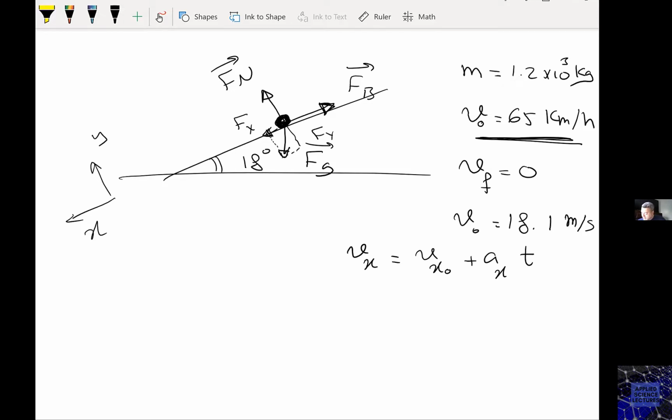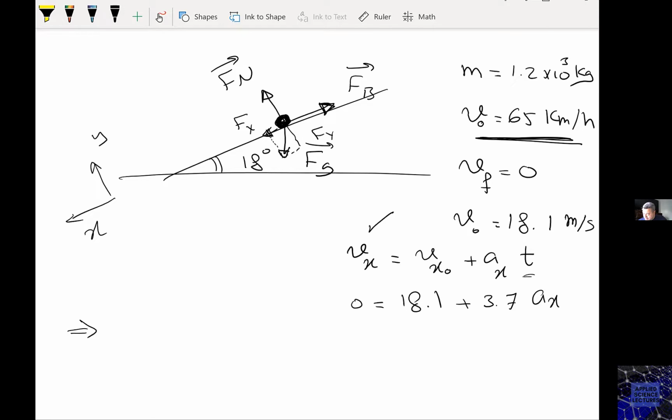So I have Vx to be 0, and I have Vx naught as 18.1 meters per second. I have the time, so I can calculate the acceleration. So here, 0 equals 18.1 plus 3.7 ax.